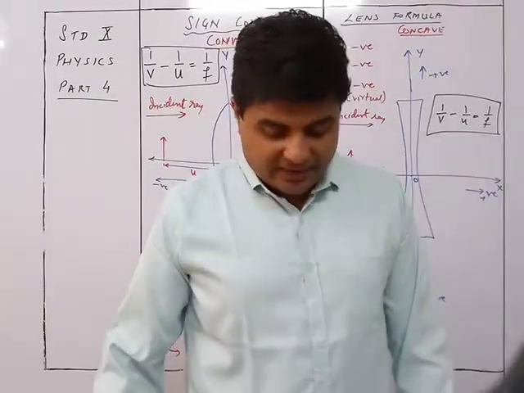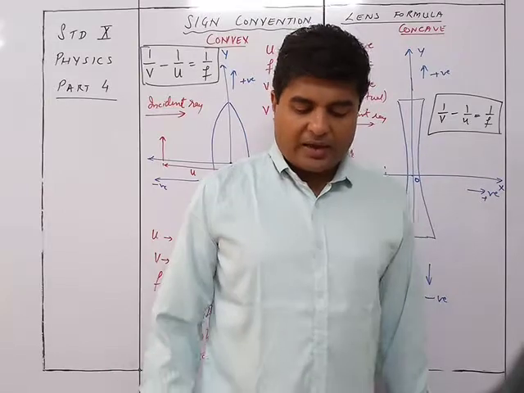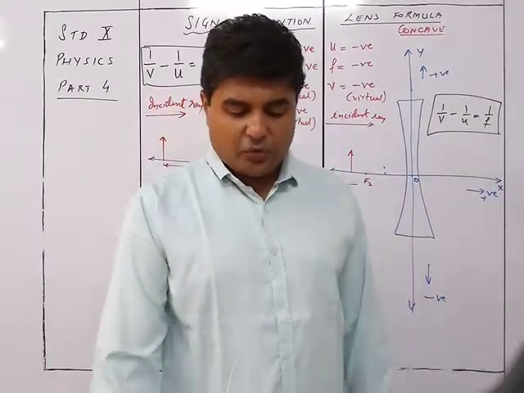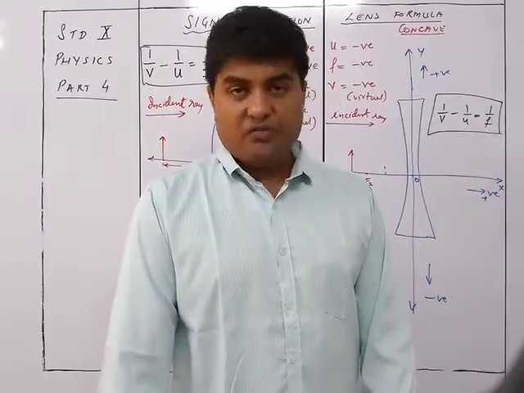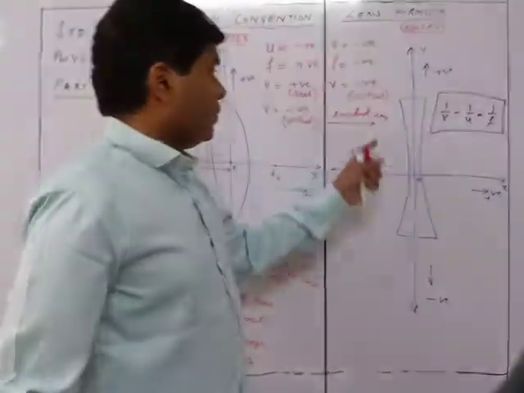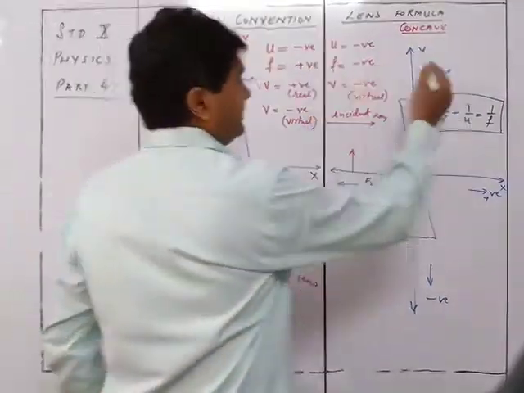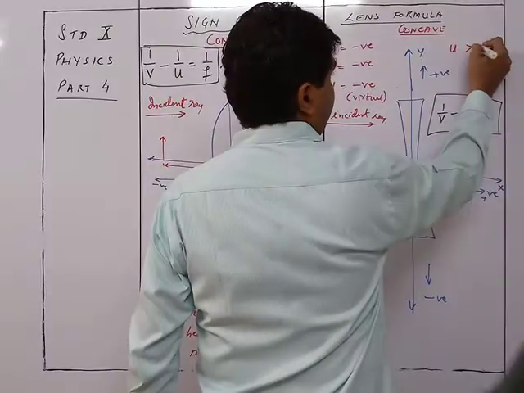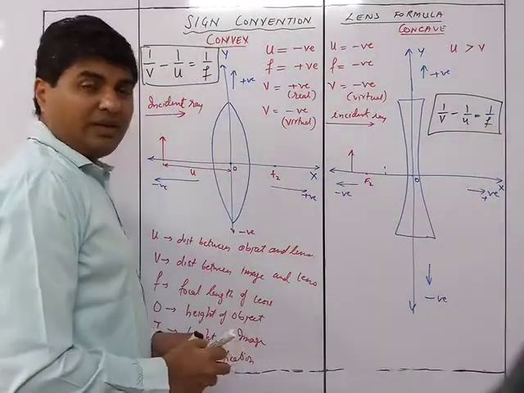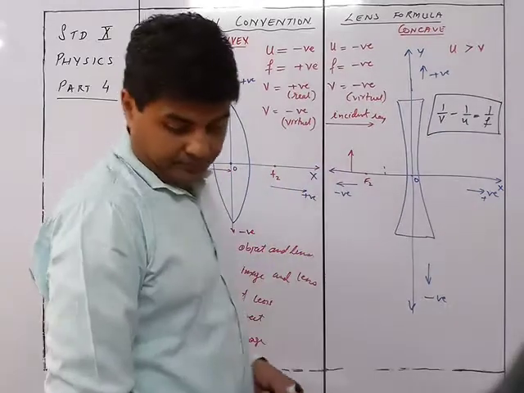But for a concave lens, U, V and F all are negative and the numerical value of U is always greater than V. Okay, numerical value of U is always greater than V. So here U is always greater than V, only in case of concave.